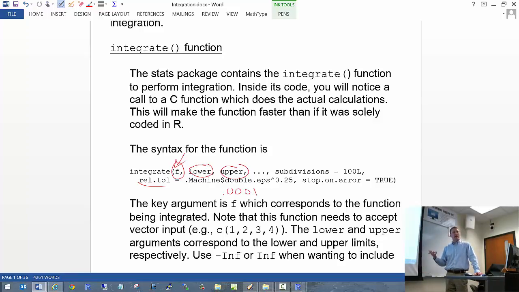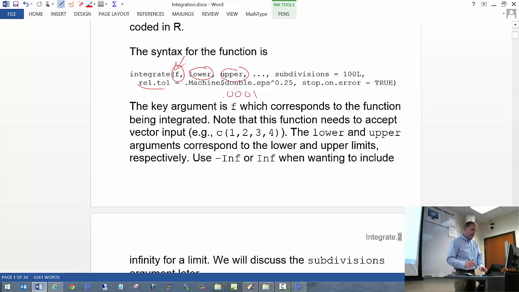So that's a key aspect: you have to write your function so that it accepts vector input for what to evaluate your density at. Similar to what we saw with the optim function when we had constraints, you can use Inf for infinity for your lower and upper bounds.